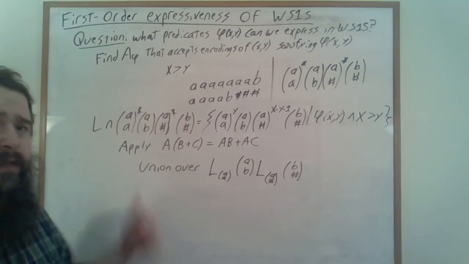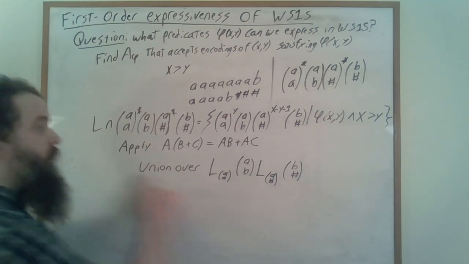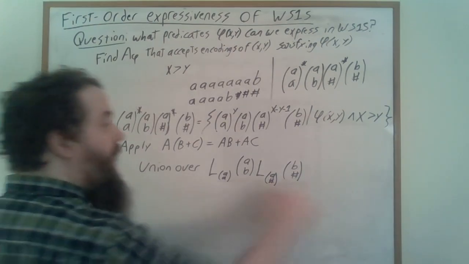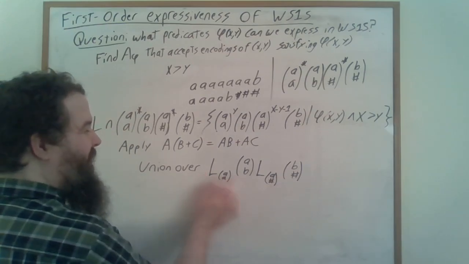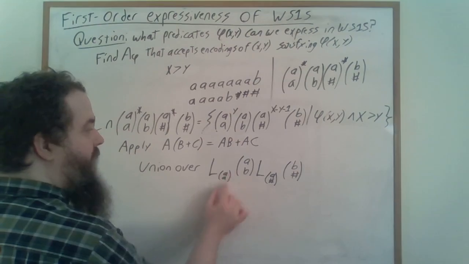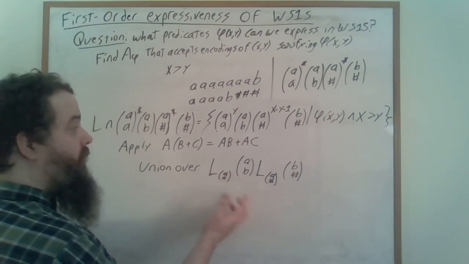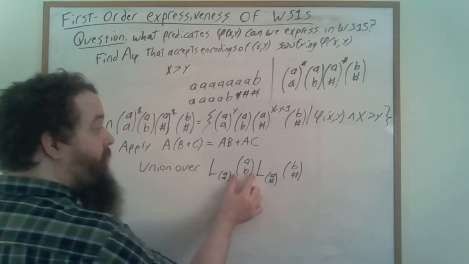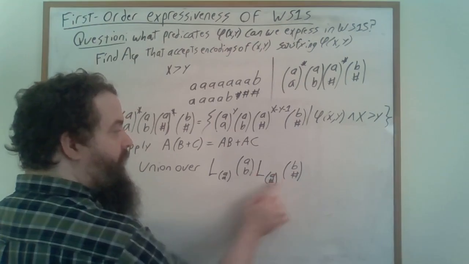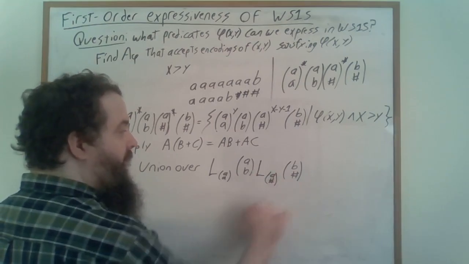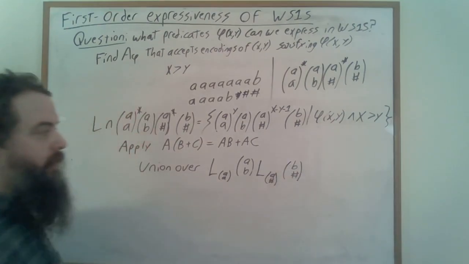In particular, the regular expression is going to wind up having to look like some sort of union over concatenations of the form some regular expression that defines a language exactly over AA. The AA is the only character in that language, followed by an AB character, followed by a regular expression for a language that consists exclusively of A octothorpe characters, followed by the B octothorpe character.